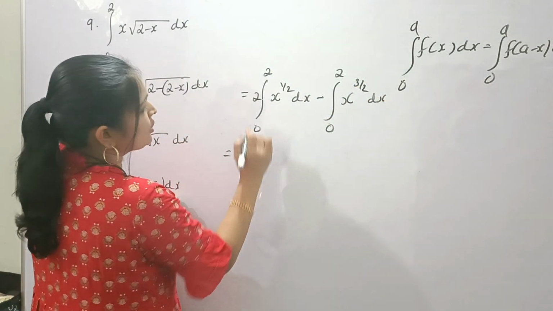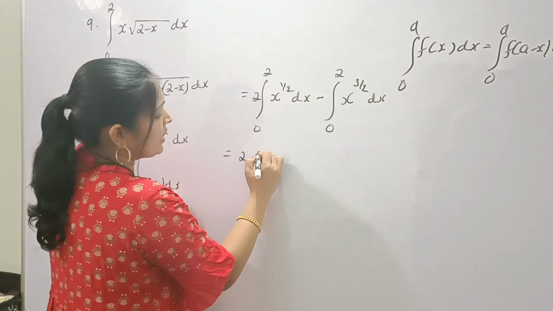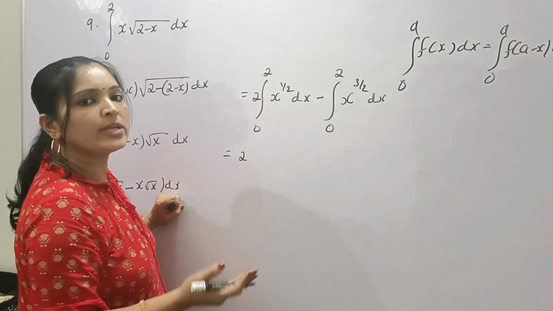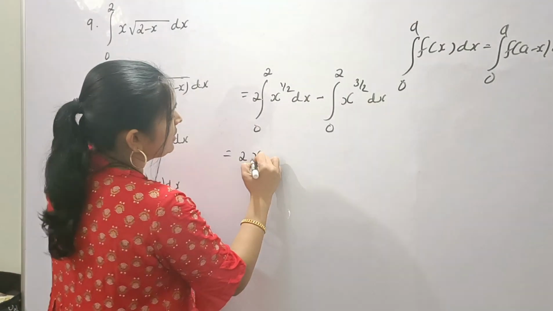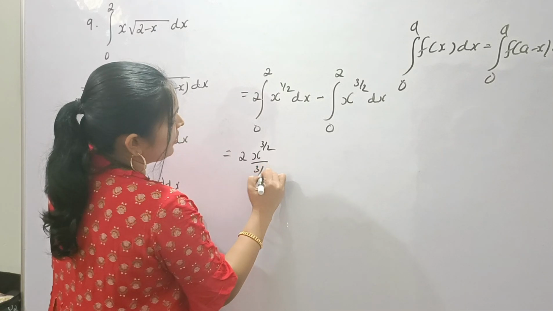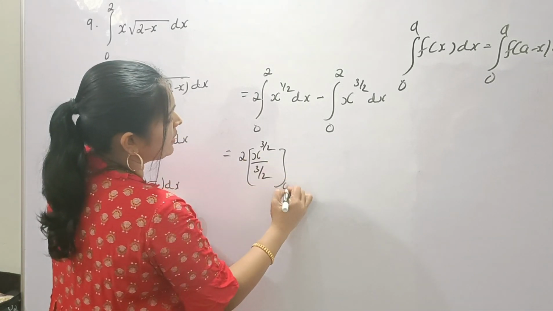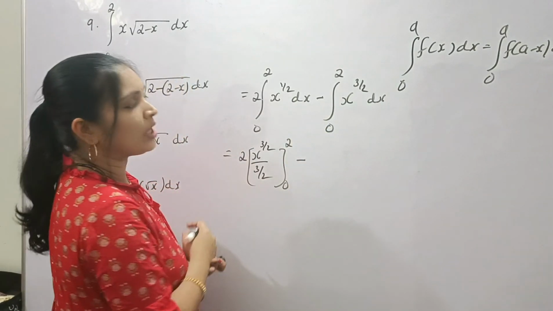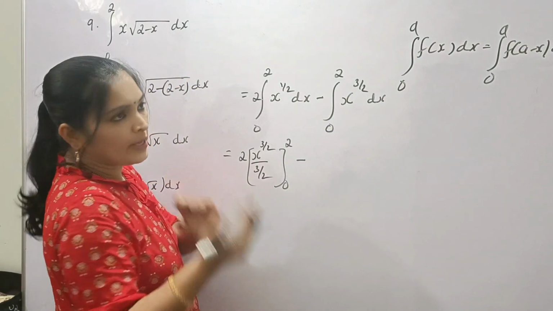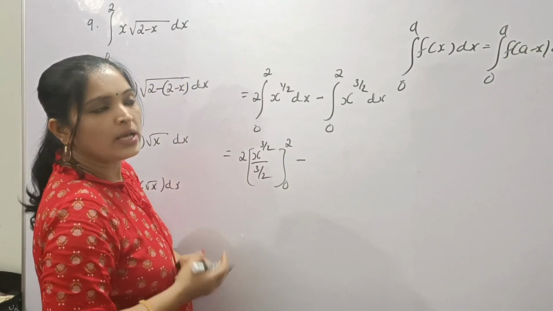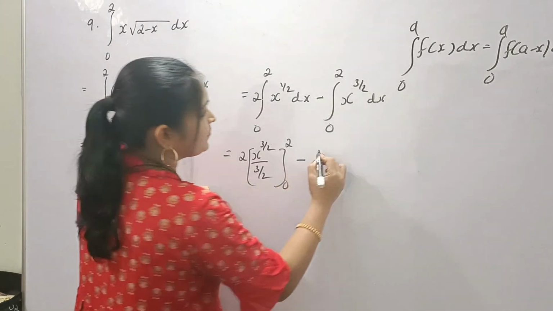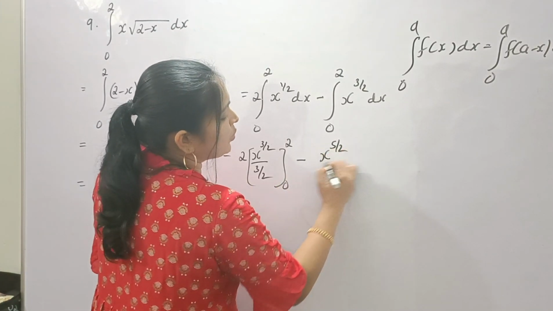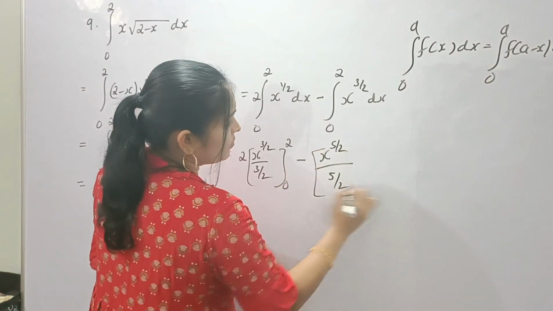That is 2 into, here the integral of x raised to 1 by 2 is x raised to 3 by 2 divided by 3 by 2, limits 0 to 2. Minus, here the integral of x raised to 3 by 2 is x raised to 3 by 2 plus 1 divided by 3 by 2 plus 1. 3 by 2 plus 1 is 5 by 2. So x raised to 5 by 2 divided by 5 by 2.